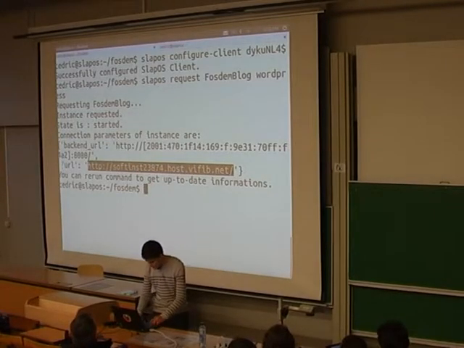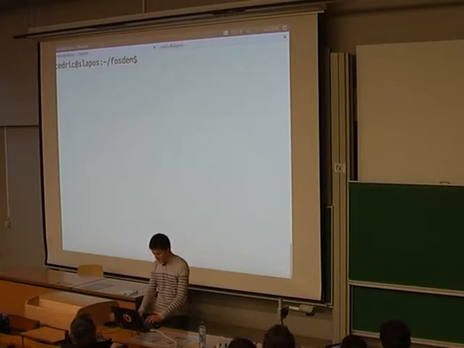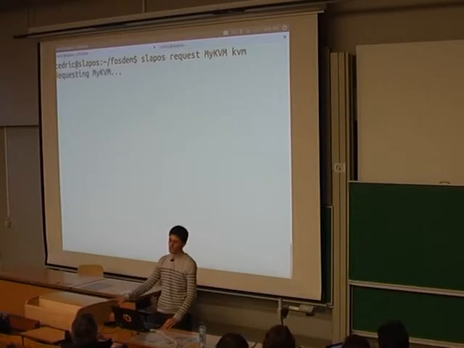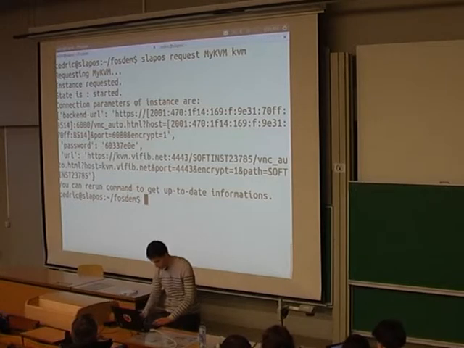Let's do something a bit different now. We request an instance of a virtual machine, a KVM virtual machine. So slapos request, I will name it my KVM, and this is an instance of KVM. It's requesting. Oh, really quick.